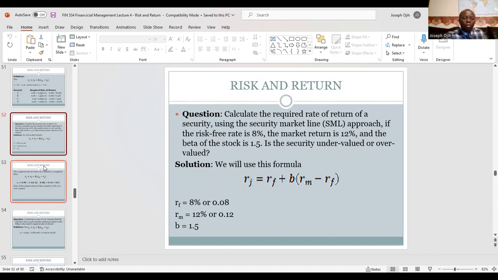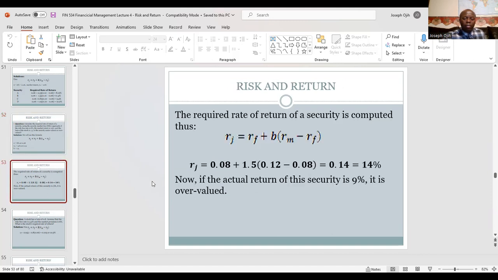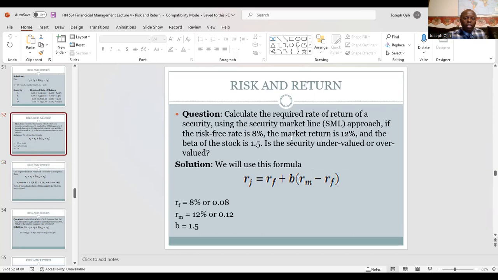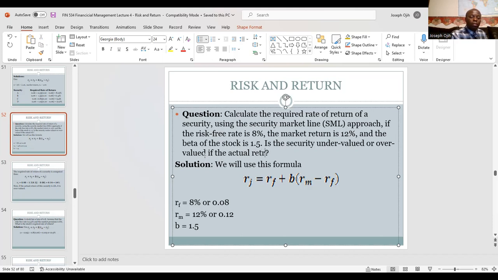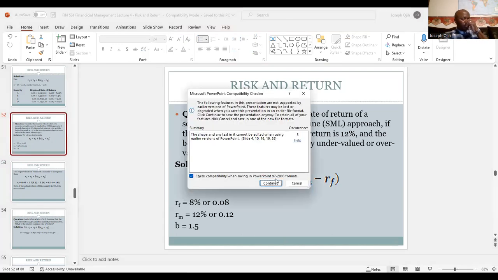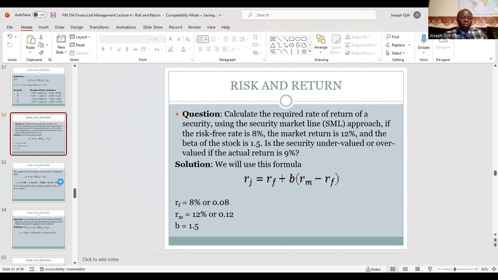What I missed is writing that if the actual return is 9%. So I'm going to save it. That's what I missed. So now, if the actual return is 9%, is the security overvalued or undervalued?